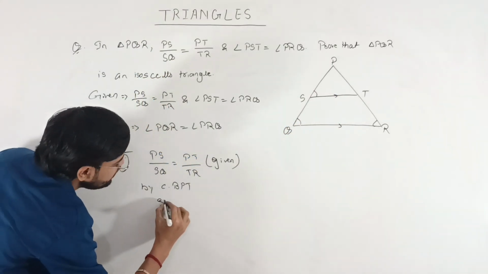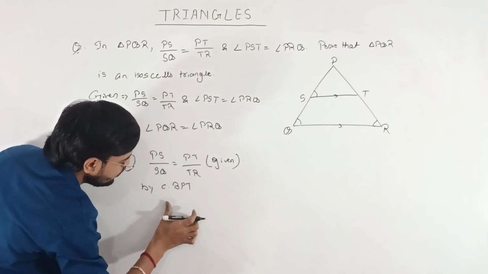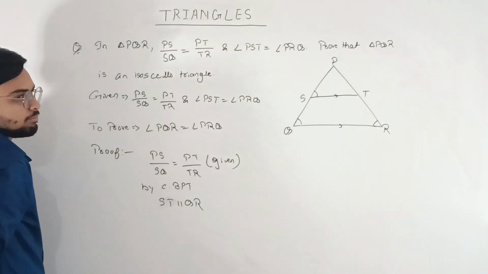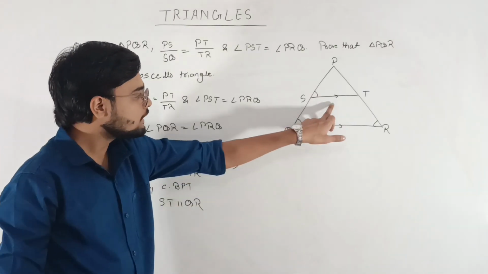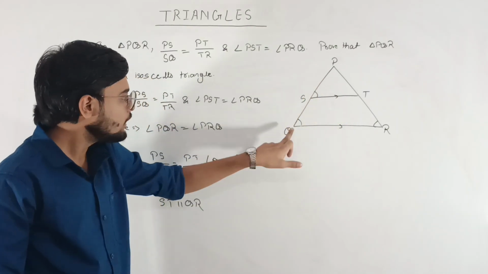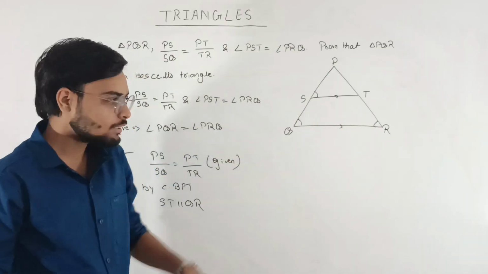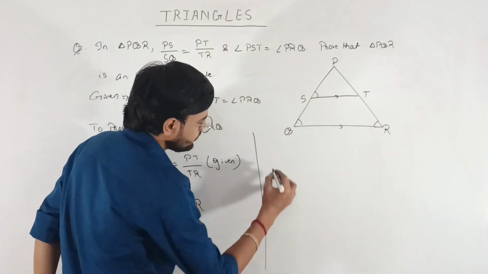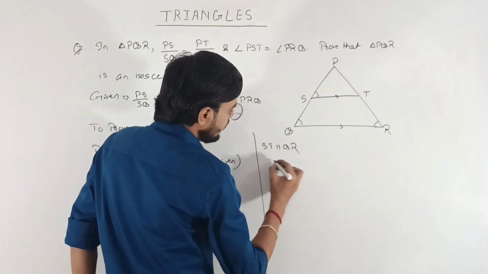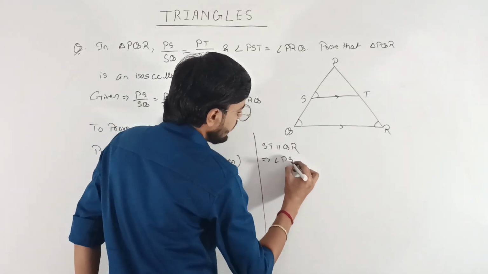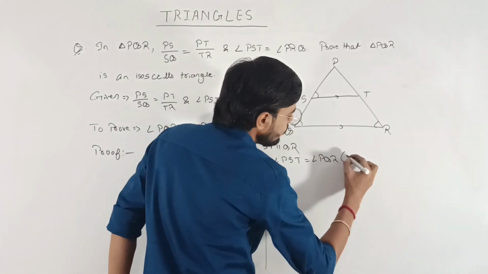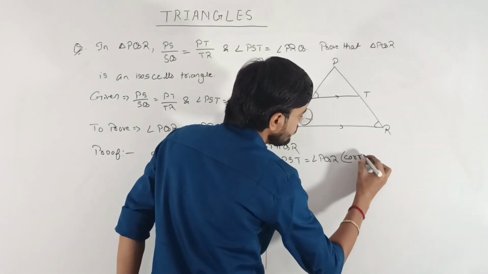Now look, when ST is parallel to QR, then angle PST is equal to angle PQR. Why? Corresponding angles.